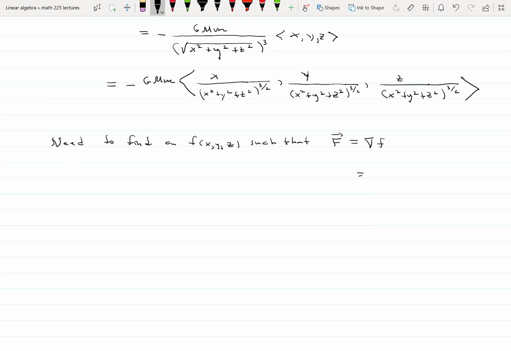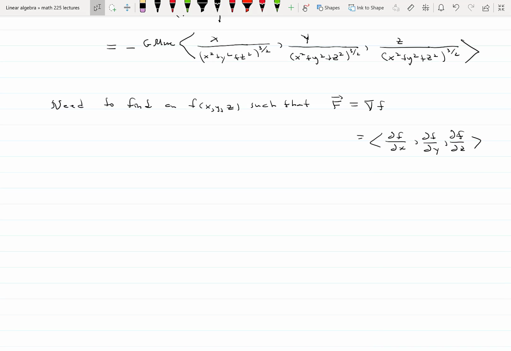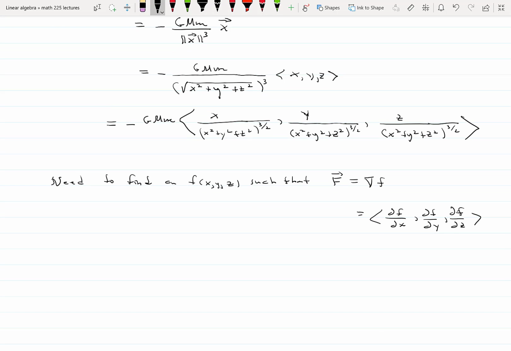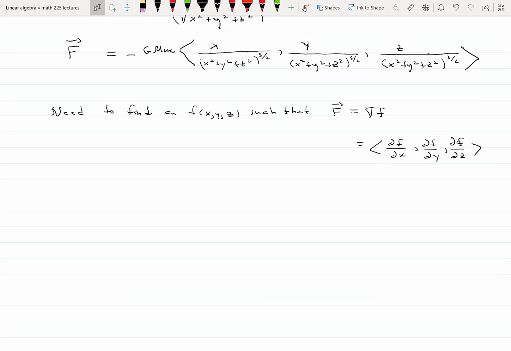Remember, the gradient is the vector whose components are the partial of f with respect to x, the partial of f with respect to y, and the partial of f with respect to z. If the vector field, capital F, equals the gradient of the scalar function, the components must match in order.